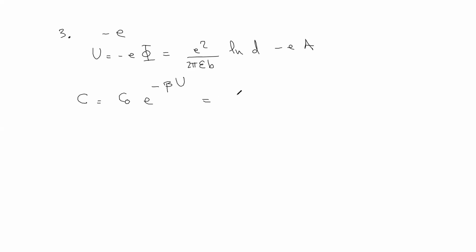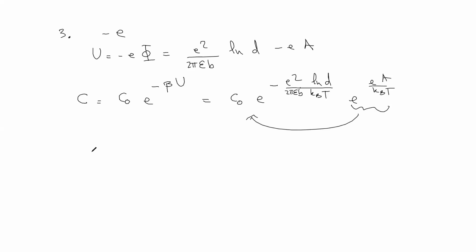Here we have e squared over 2 pi epsilon kBT, which I can put inside the constant by introducing a renormalized constant. All right, so this is how the concentration of counterions depends on the distance to the axis.